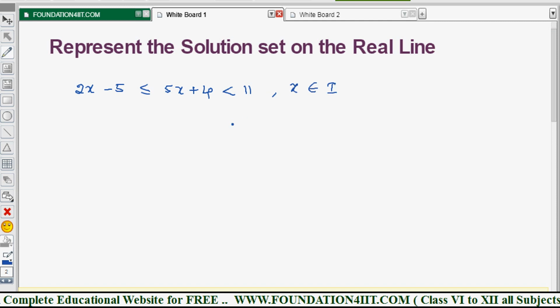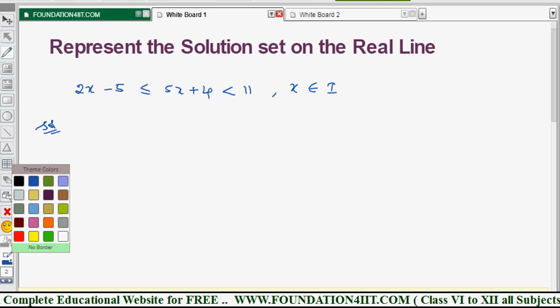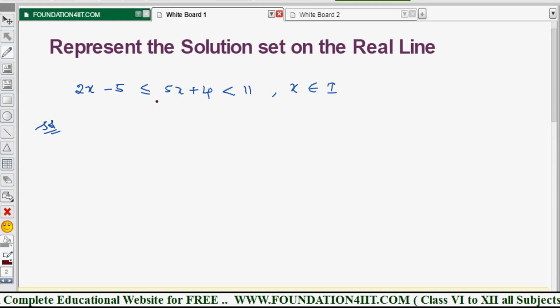So this inequation I need to represent on the real line. First of all, we need to find the solution set for this. Okay, take the given inequation and we'll solve. Let me take the first two and last two. That means the first two is one inequation and these two is another inequation. We should take it in two parts. Let me show you in two parts.